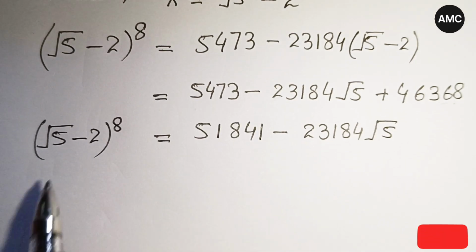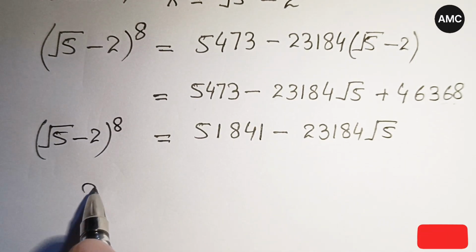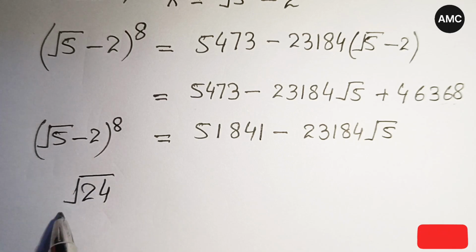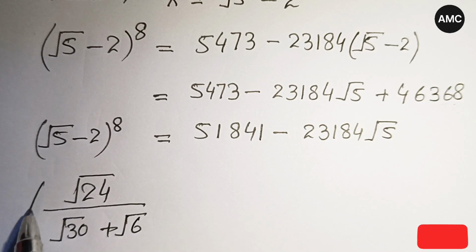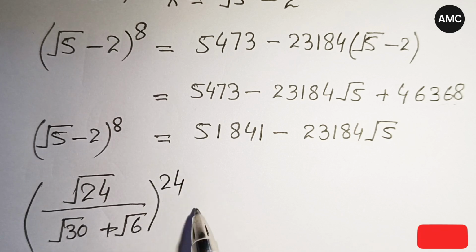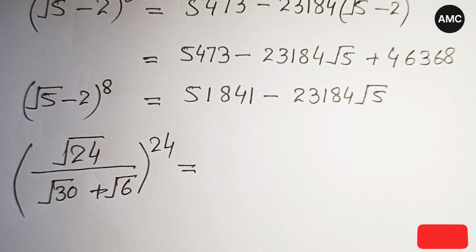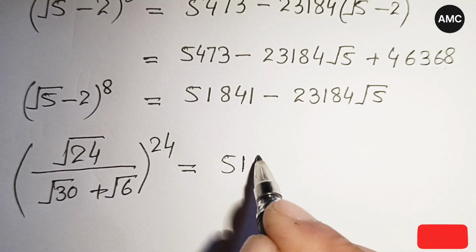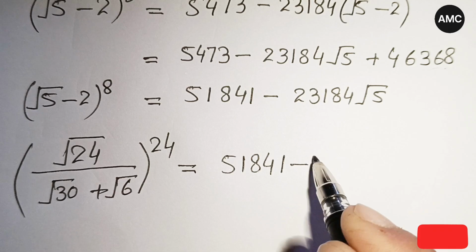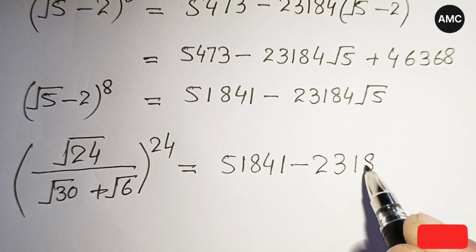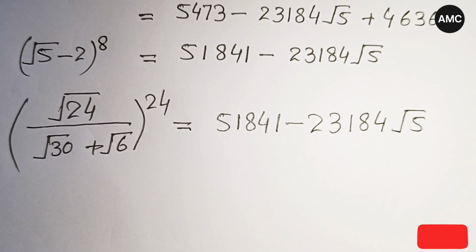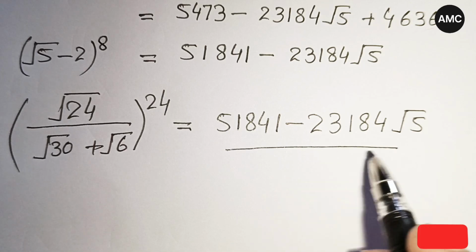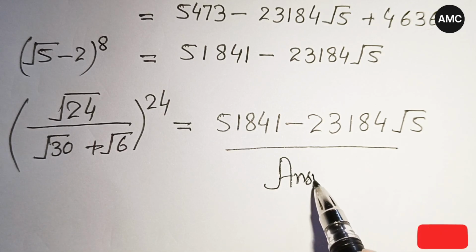But it is also equal to our problem, which is square root of 24 over square root of 30 plus square root of 6 whole to the power 24, that is equal to 51841 minus 23184 times square root of 5. So it is our final value of this problem, which is our final answer.